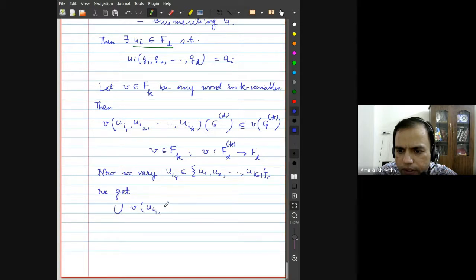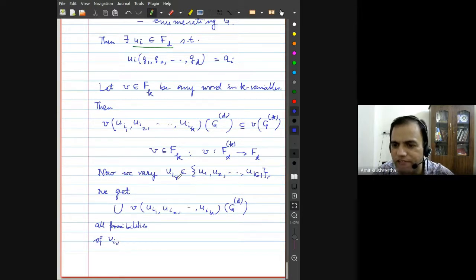UI1, UI2, UIK, GD. So this is all possibilities of UIR. So I guess you understand this: I'm varying over all possibilities where UIRs are varying inside the choice of words that we had to start with, right?